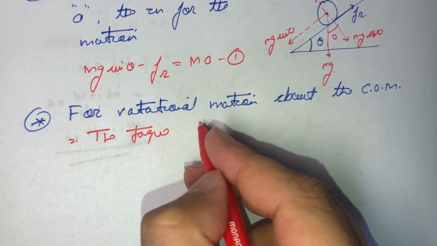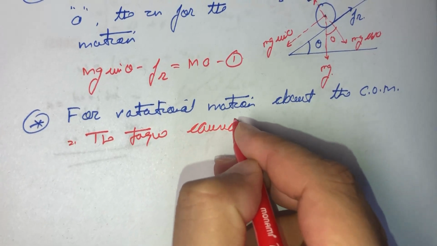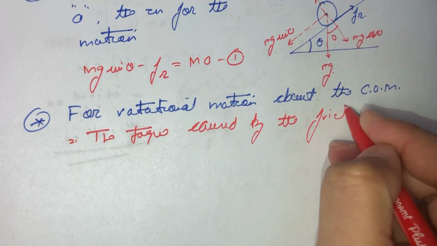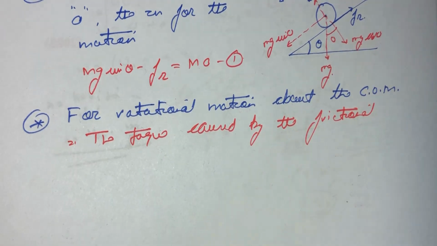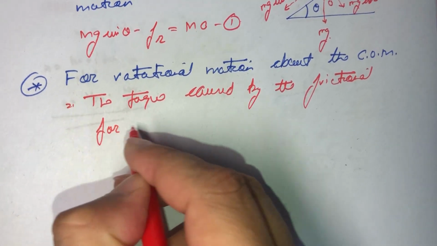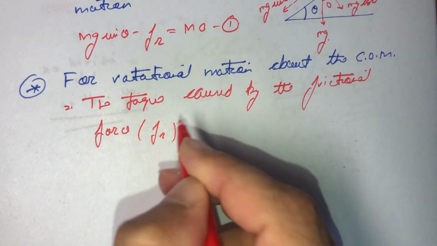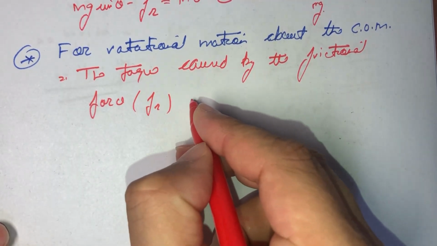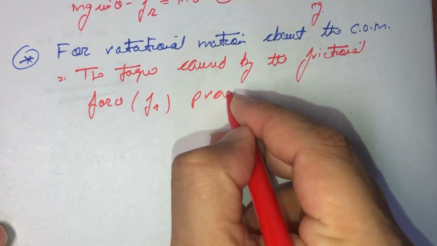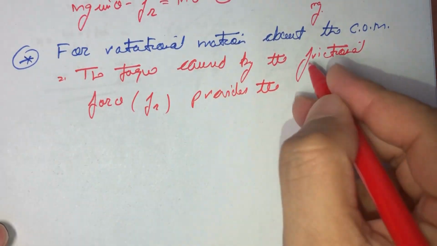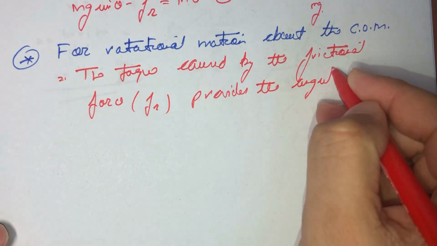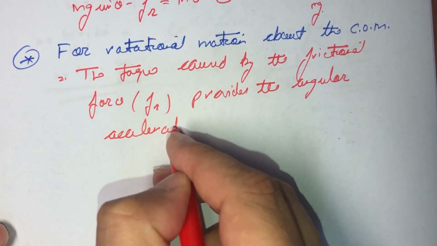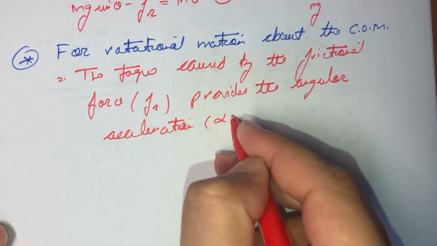The torque caused by the frictional force, which is given as Fr, provides the angular acceleration, which is given as alpha.